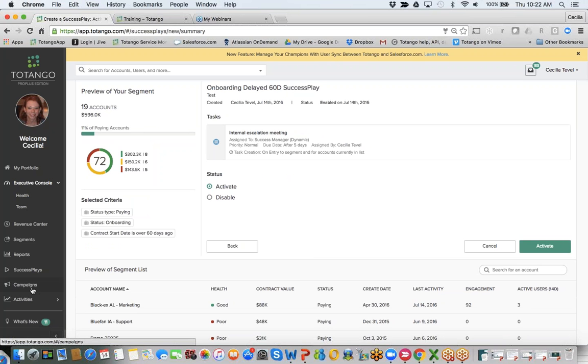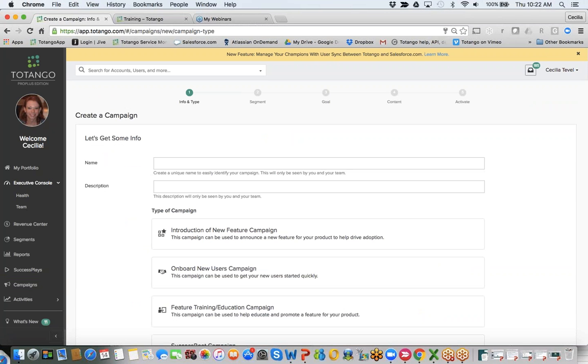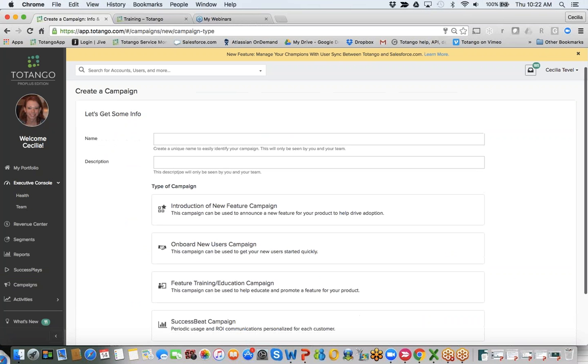Now, the other way to automate and move onboarding forward is to use campaigns. So campaigns is our way to communicate via very targeted email messages to the right customers at the right time in their onboarding journey. So I would say things that you can offload, things that don't require high touch, can easily be managed with a campaign.